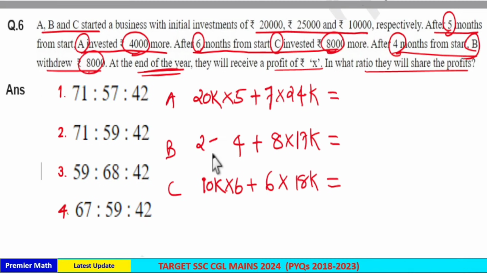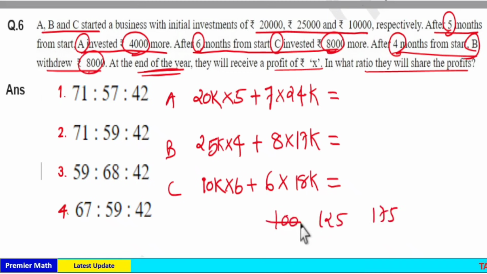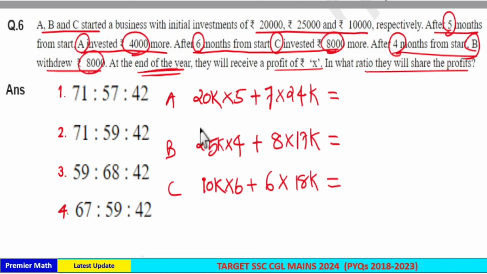Now, take the ratio. Here, if you get these three sums as 100, 125 and 175, you can cancel with 25. So, you will get a 4:5:7 ratio. In the same way, from this you can cancel 4,000. That is, 4,000 goes 5 times in 20, 6 times in 24.